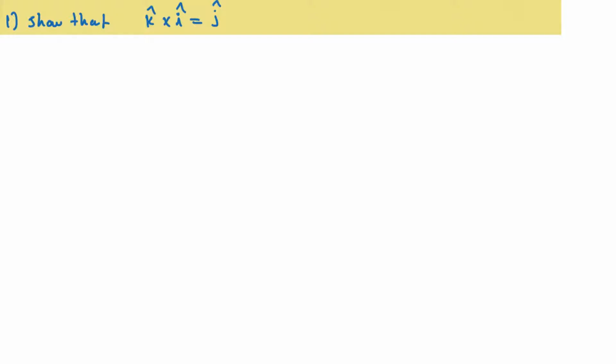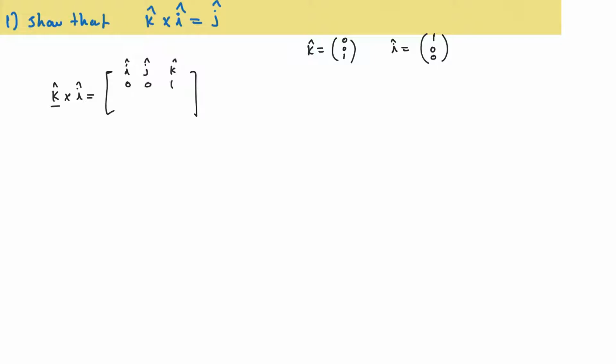So unit vector k has components 0, 0, 1, and unit vector i has components 1, 0, 0. So when we take the cross product, we set up i, j, and k, then 0, 0, 1 for k, and 1, 0, 0 for i.